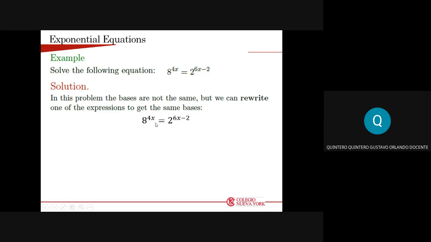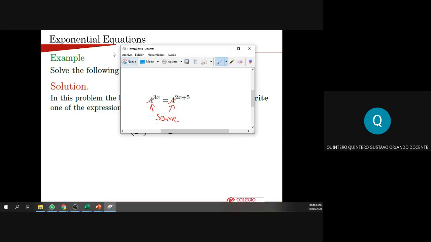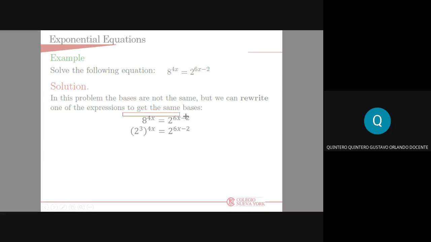This is the main equation, right? Now, the 8 is 2 to the 3, did you see? And that whole 8, the 2 to the 3, is being elevated to the 4x. So I am not changing the equation. In case you cannot see this, let me just do a little drawing here.